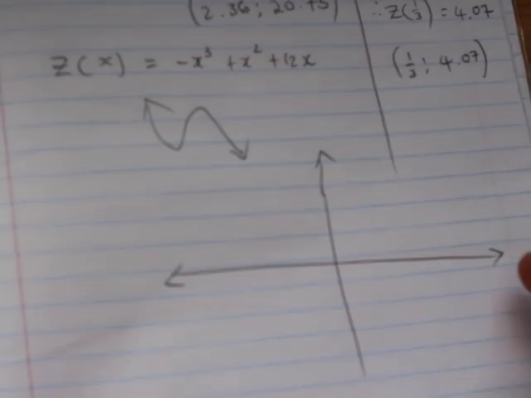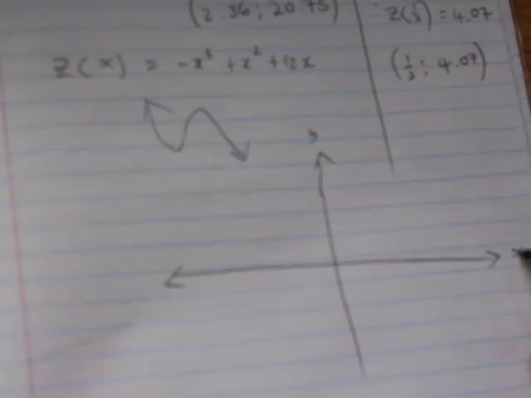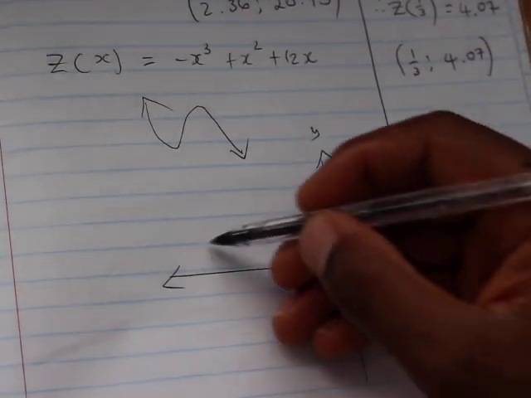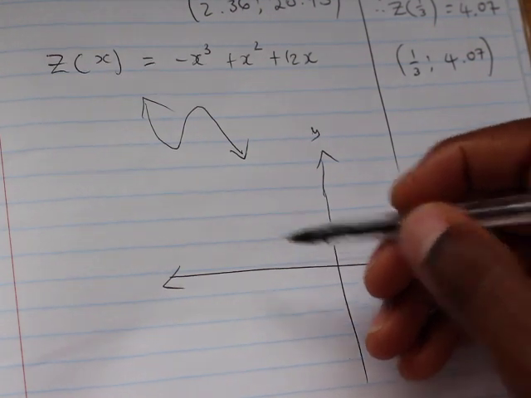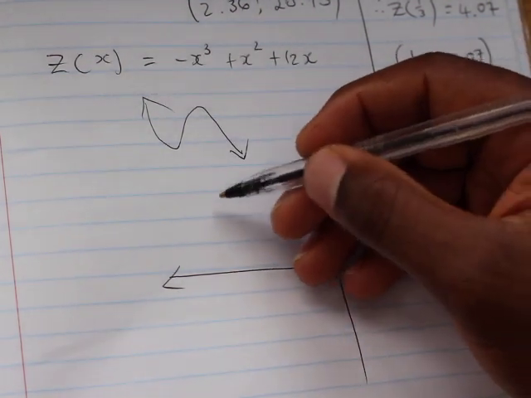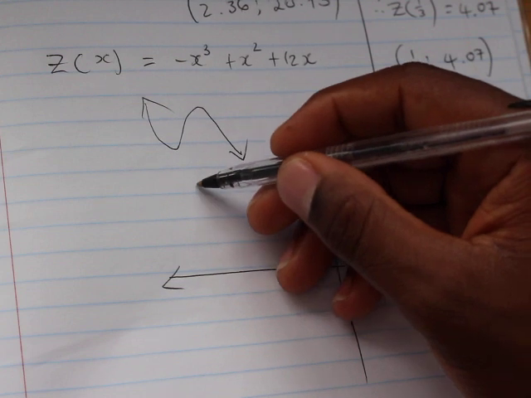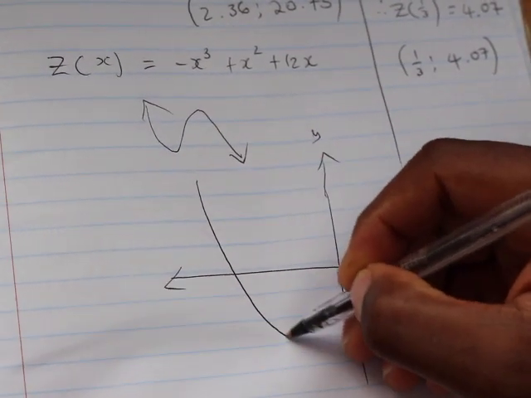So there we go. Now this is y and this is x. So we know that this is the situation, but remember 0 is to 0 is also one of our x-intercepts, and it's also the y-intercept, so they kind of coincide. So we're going to have a situation like this.